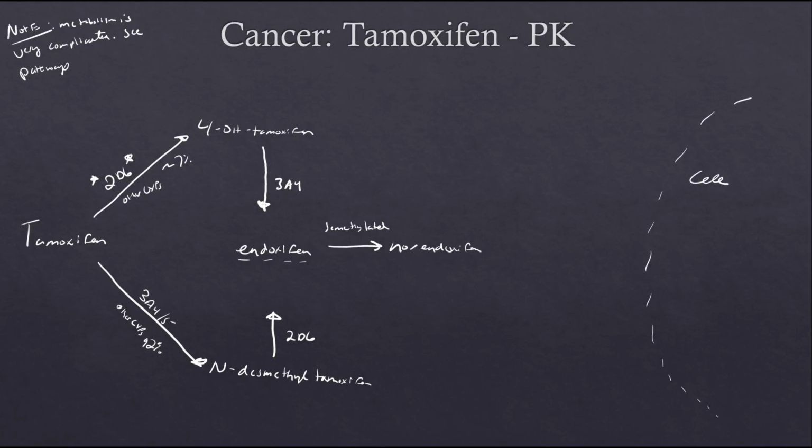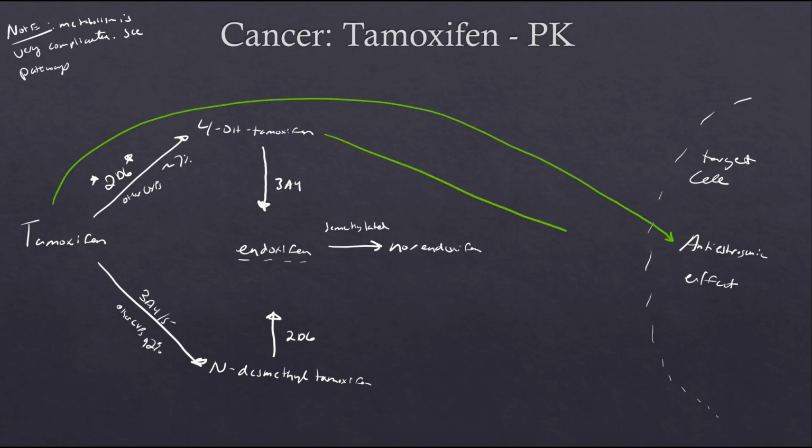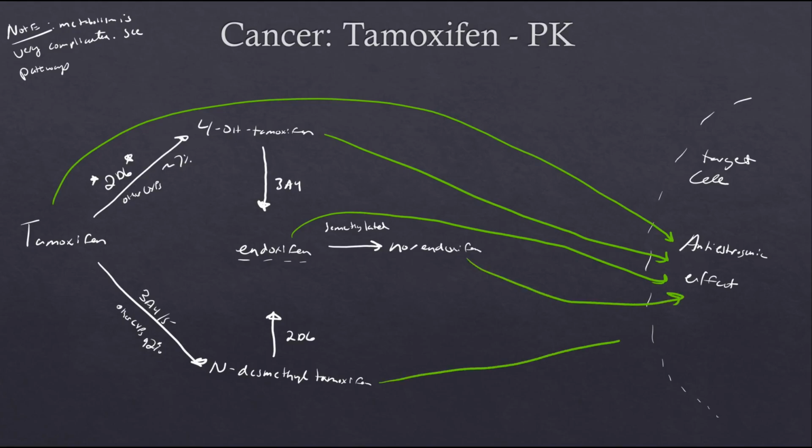in the PK side, meaning the actual therapeutic efficacy of tamoxifen, what we actually see is that all of these metabolites have therapeutic efficacy or have the anti-estrogenic effects that we expect in the cancers that this is used for, primarily breast cancer.